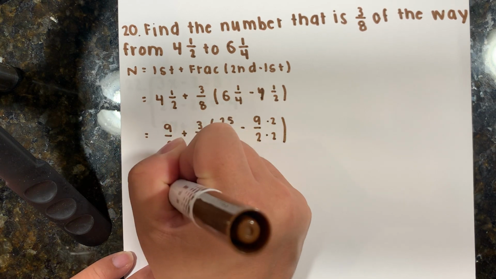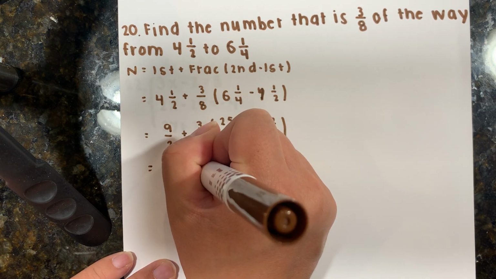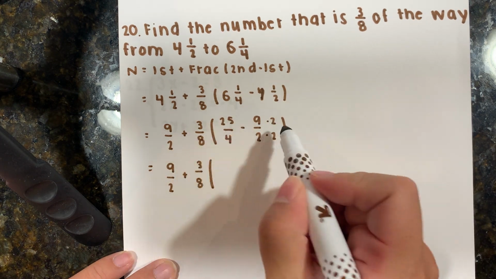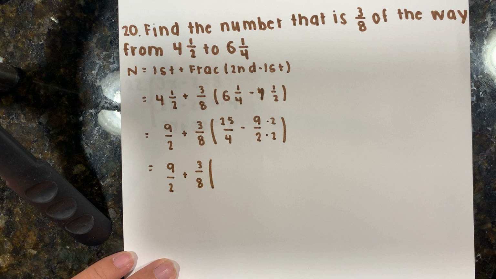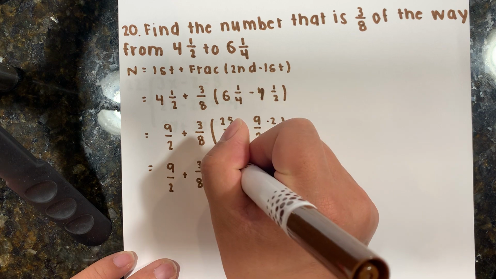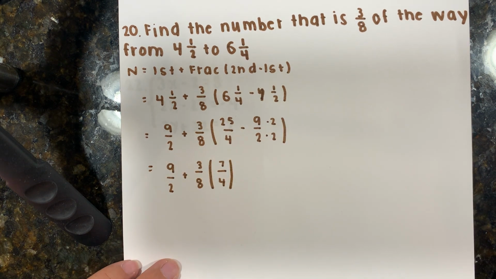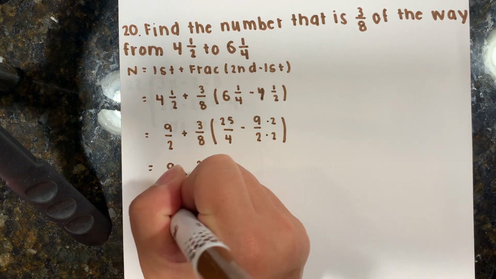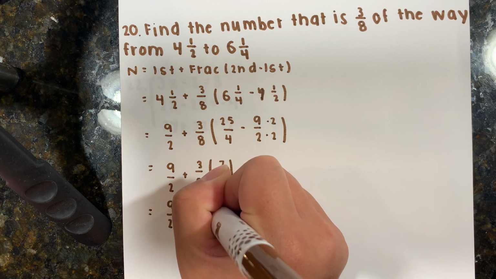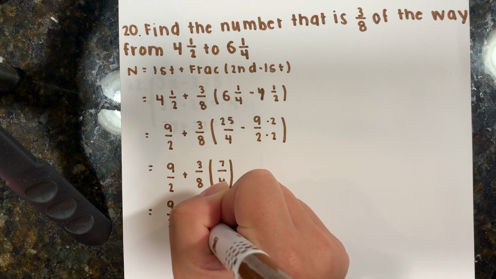Leaving this as 9/2 plus 3/8 times 25 minus 18 would be 7/4. So that would be 9/2 plus 21/32.